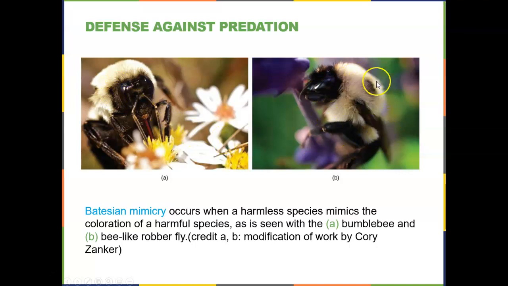This animal over here is actually a robber fly, and the robber fly is not a bee, it's a fly, but it looks a whole lot like the bee. And so animals that have learned to stay away from bees will also stay away from the robber fly. And so the robber fly gets credit for the predation mechanism that the bees have developed.